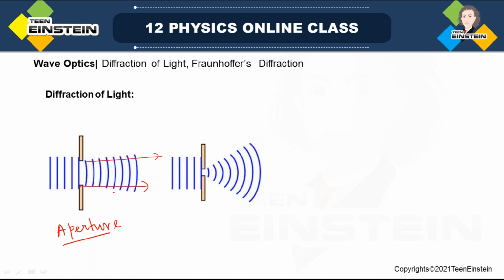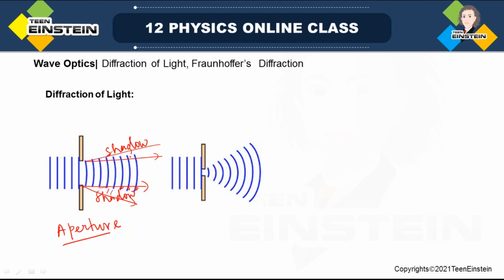A little bit of light you will see in the shadow region. In this case this region will be shadow, but it is not exactly shadow because there will be some light getting into the region of shadow, and because of that it will not be completely dark.